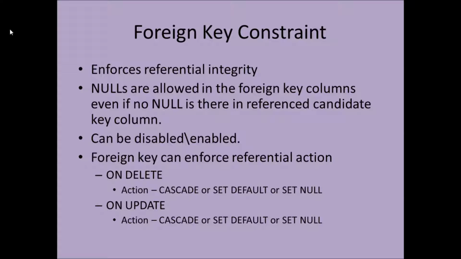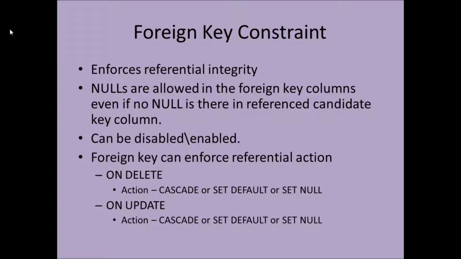But if we use an option like, for example, on delete cascade, then if we are deleting from the referenced table, the corresponding row in the referencing table will also get deleted.